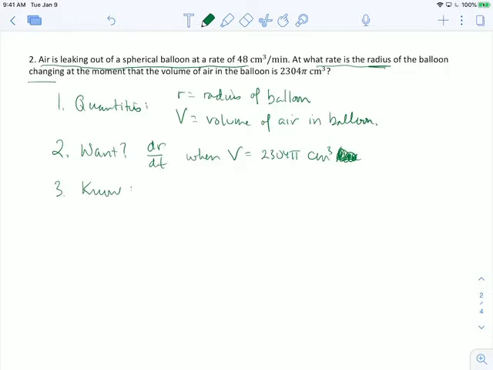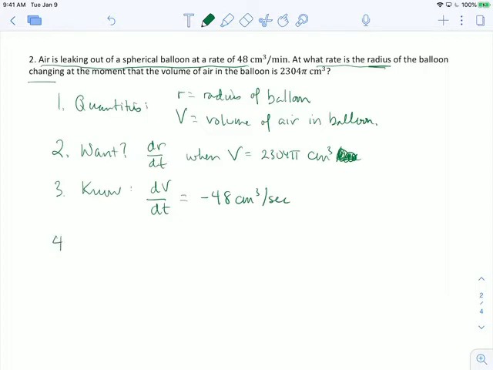Well, we know that air is leaking out of the balloon. That suggests that the rate of change in the volume is negative. And here's where cubic centimeters per second goes. So we know that dV over dt is minus 48 cubic centimeters per second.